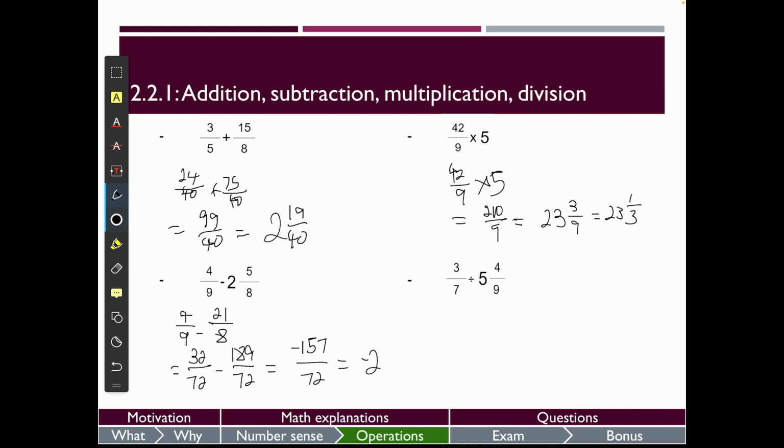Minus 21 over 44. Should be this. Yeah. Let me double check. Yeah, correct.